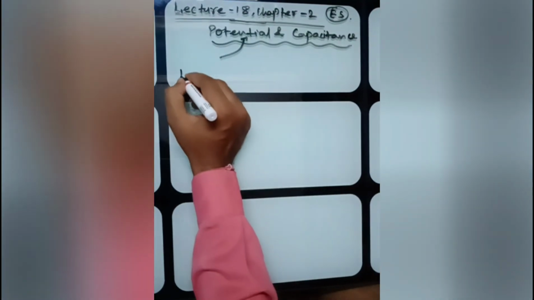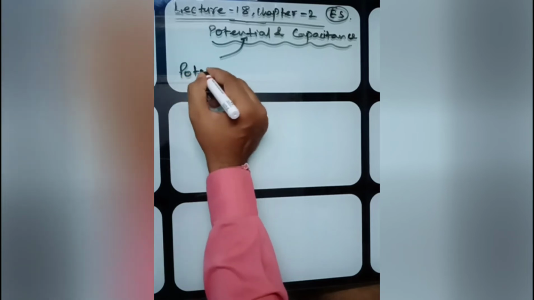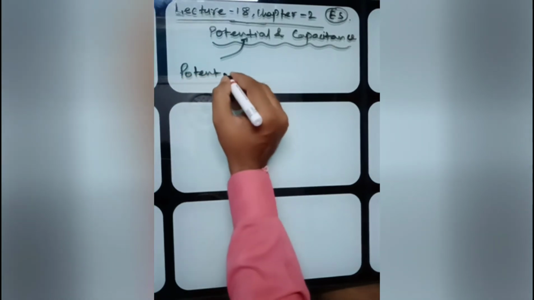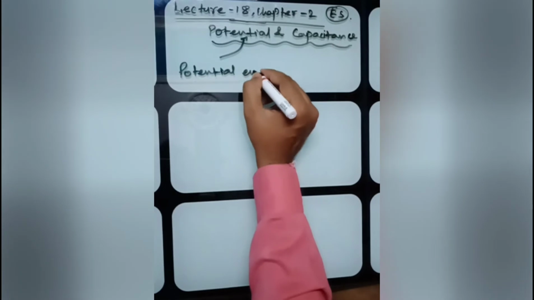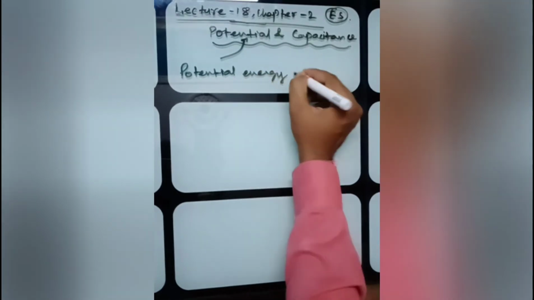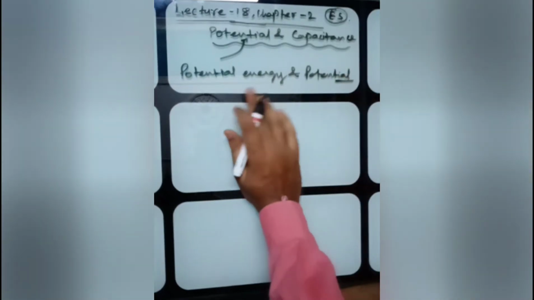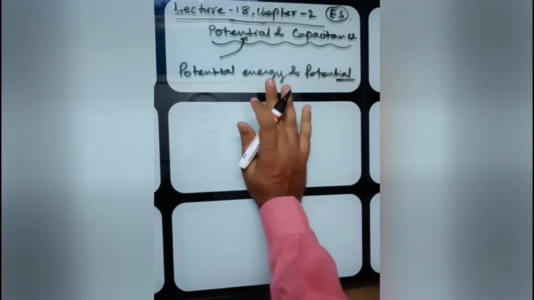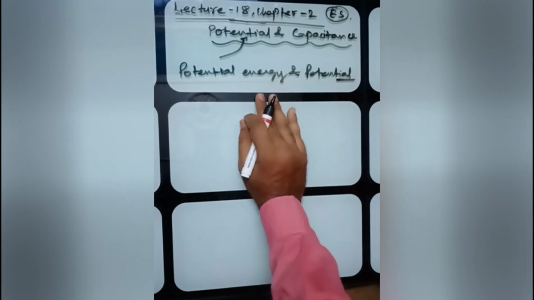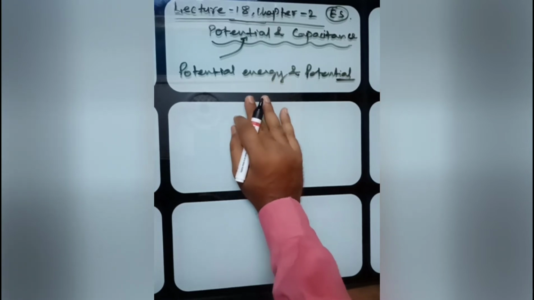Okay, so here the potential energy and potential. You are familiar with this word, student, the potential energy and potential, but today in this chapter we are studying about the electric potential energy and electric potential.